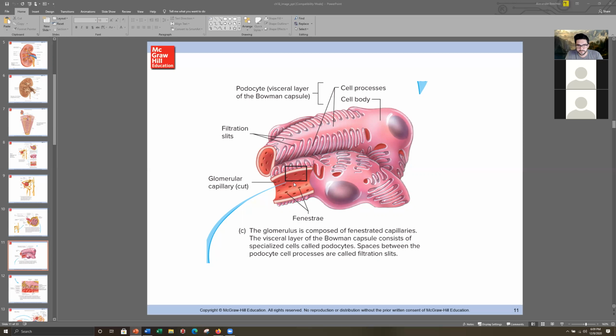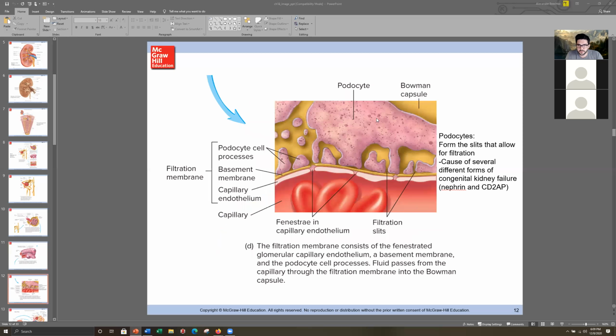Okay. So what's interesting about these podocytes with those slit formations is that there's a correlation between congenital kidney failure and the malformation of the filtration slits that the podocytes are responsible for.